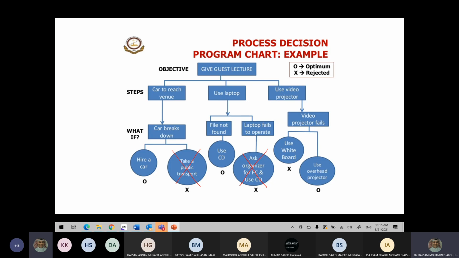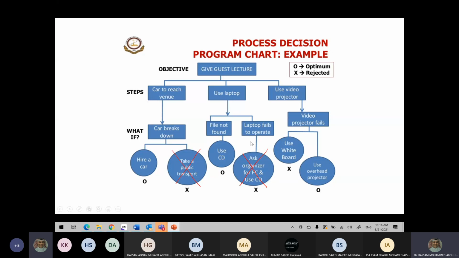So it's fine to plan a spare laptop for one laptop. You can say one laptop, okay. But if you're planning a spare laptop for every room, that could be too much and may not be possible to make available for every room.